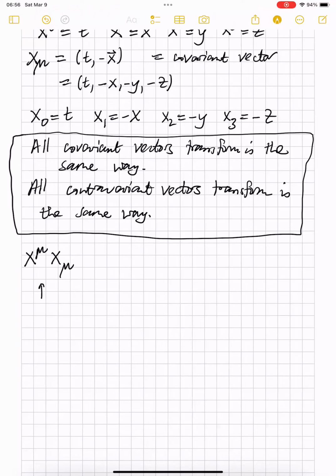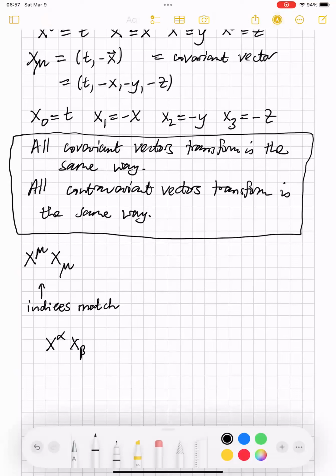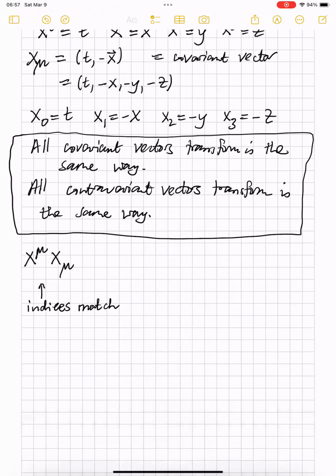Notice here that the indices match. What I mean is I've got an upper index which is a mu and a lower index which is a mu. If I had, say, x alpha, x beta, those indices don't match because they're not the same.